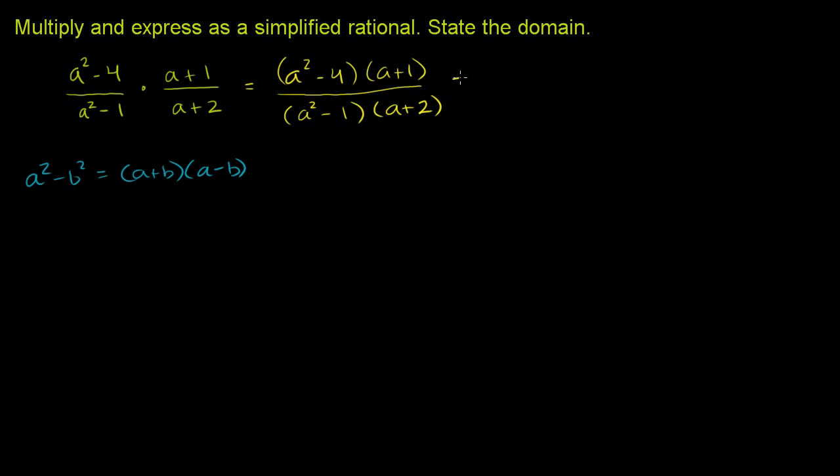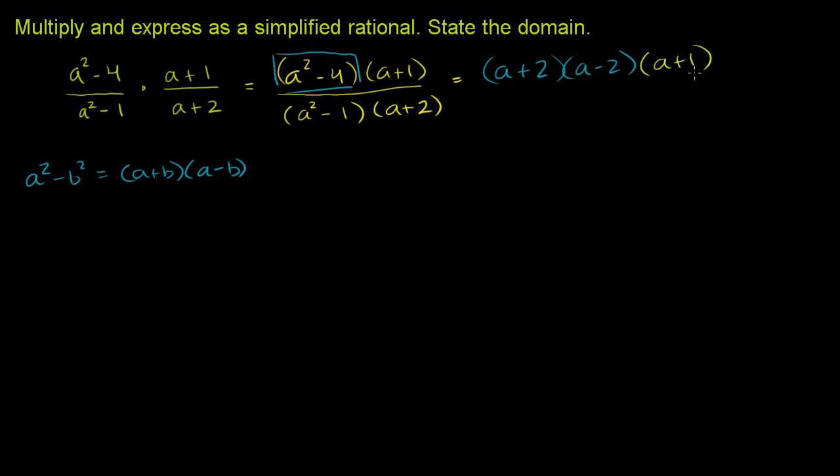So this top part, we can factor the a squared minus 4 as a plus 2, right? 2 squared is 4, times a minus 2, and then that times a plus 1.